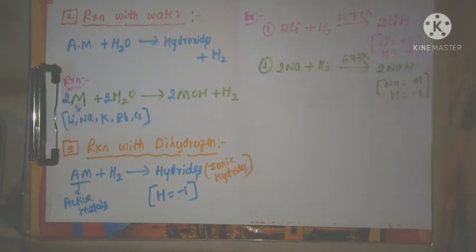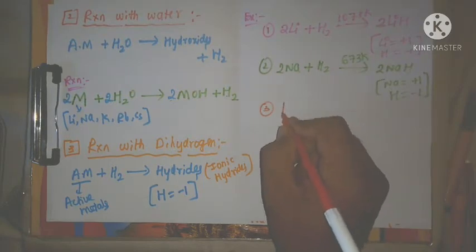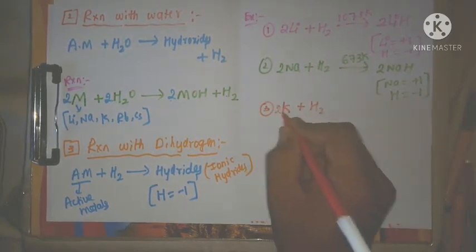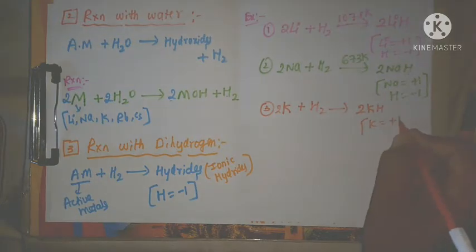Now next we will go for the third one. Third reaction is potassium. When potassium reacts with dihydrogen, here also 2 only, it will form potassium hydride. Here also the potassium oxidation number is +1 and hydrogen oxidation number is -1.